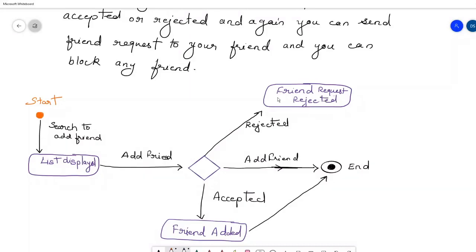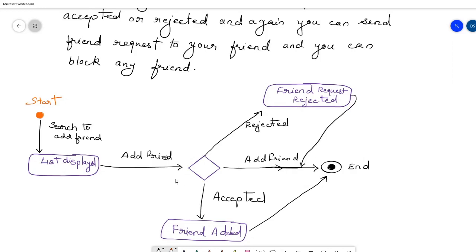When the friend request is rejected by your friend, what you can do, you can add that friend again. So when the state is friend request rejected, you saw that he did not accept your friend request, so you can send that friend request again.